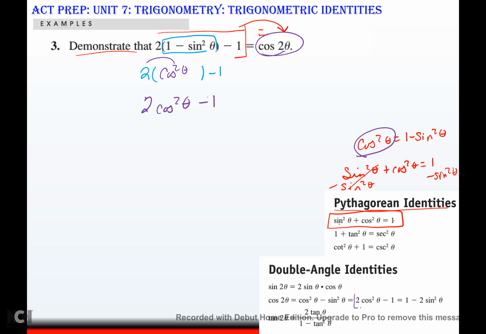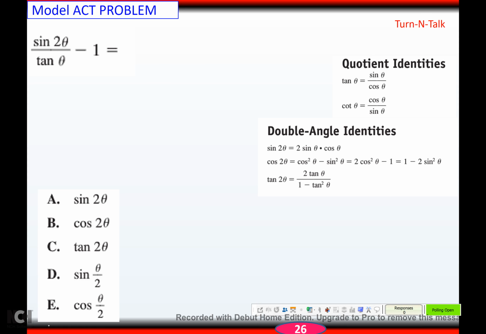Oh, look, right there. And that is equal to cosine 2 theta. So I have proven that this does indeed simplify down to this. Okay? Alright, you try this one, hit pause, come back when you're ready.